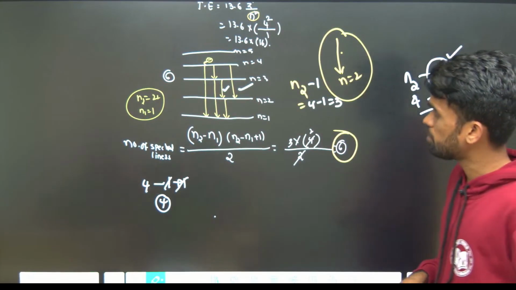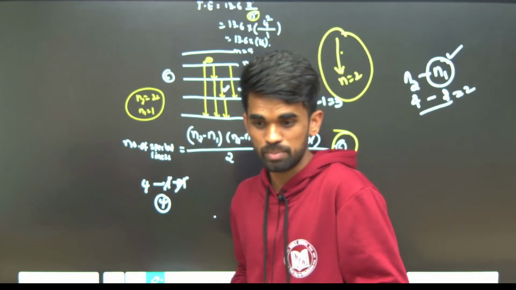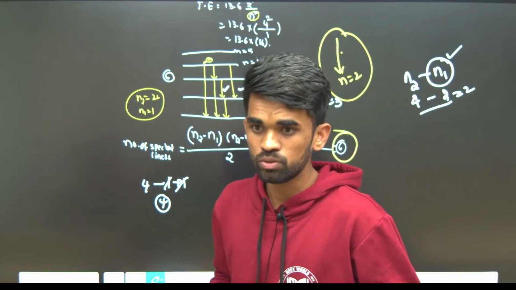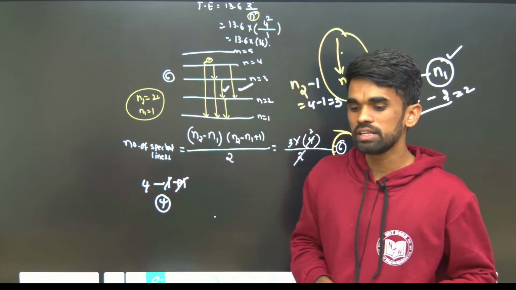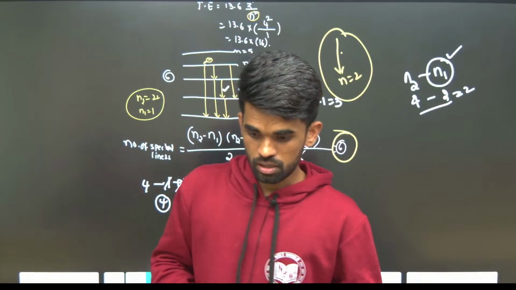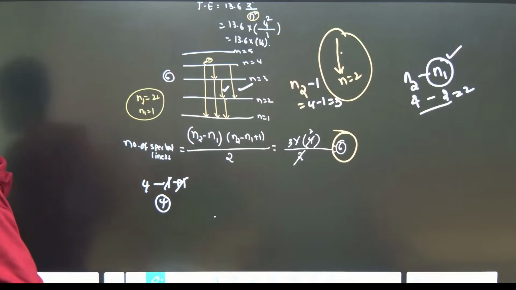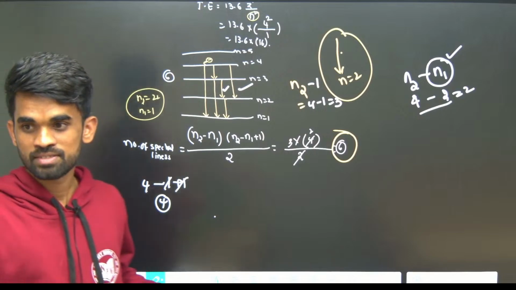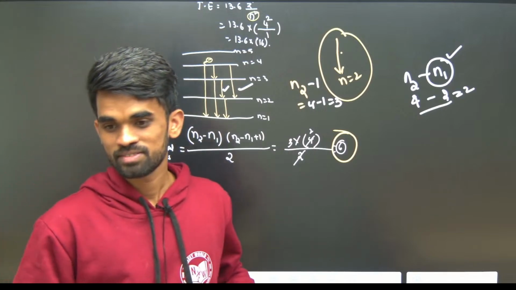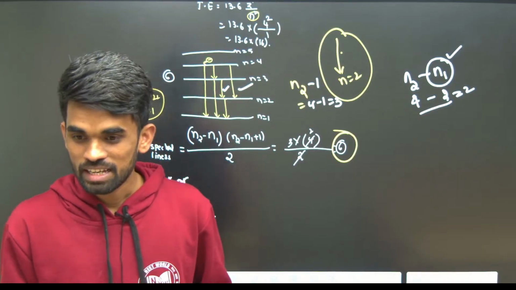Now tell me the number of spectral lines. The question you made previously was 5 to 1, ground state. Out of the 10 lines, how many are in the visible region? Balmer is n equals 2, so be conscious of n1.